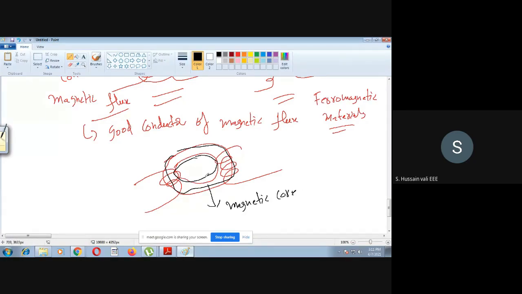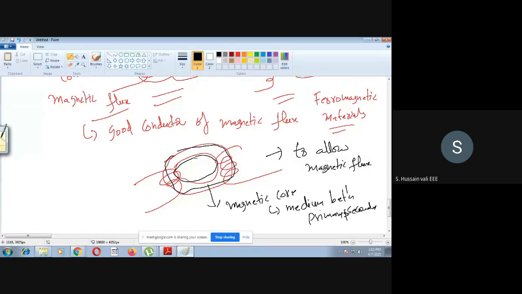So this magnetic core is a medium between primary and secondary. What is the purpose of this medium? The purpose of this medium is to allow magnetic flux, and it only allows magnetic flux, it does not allow electric current.